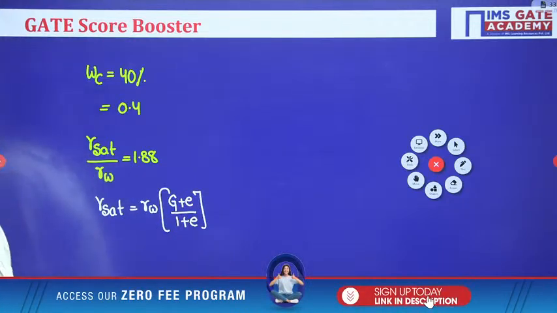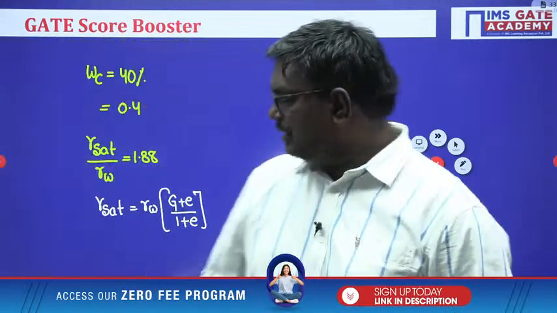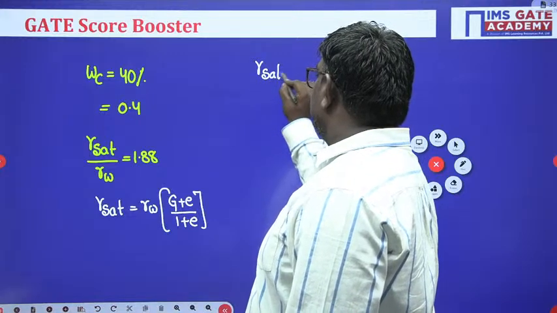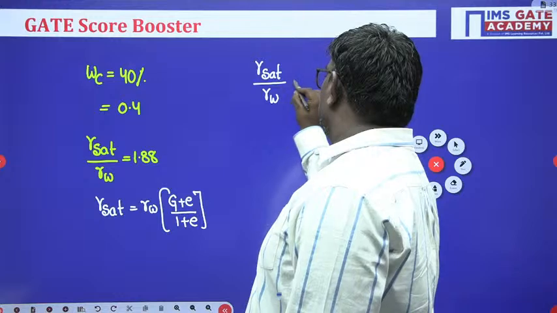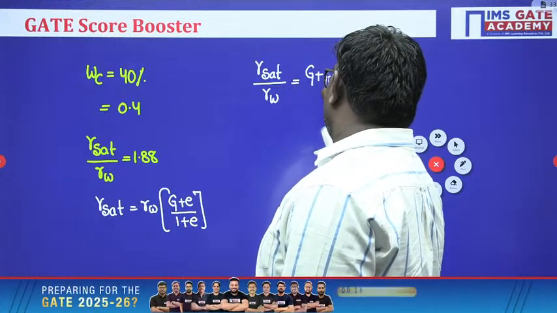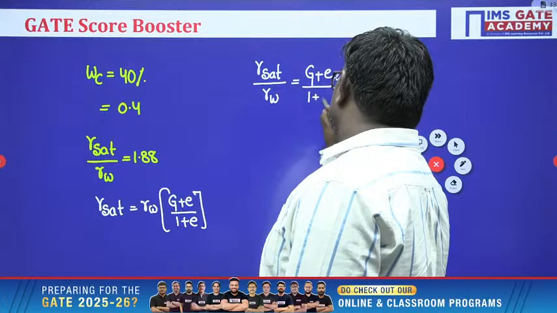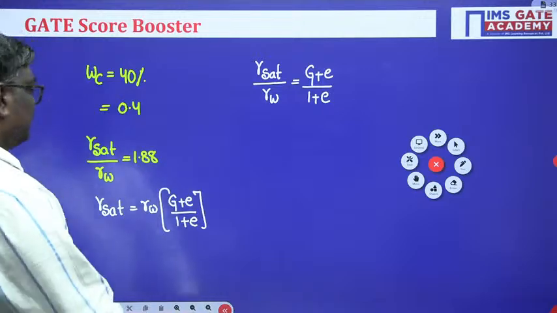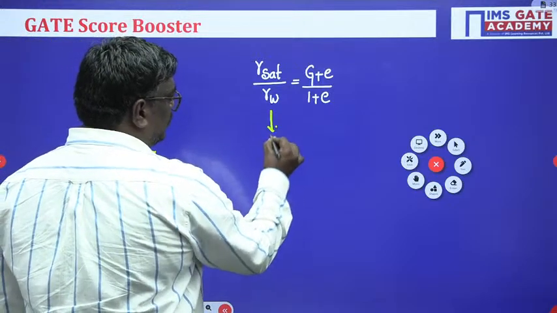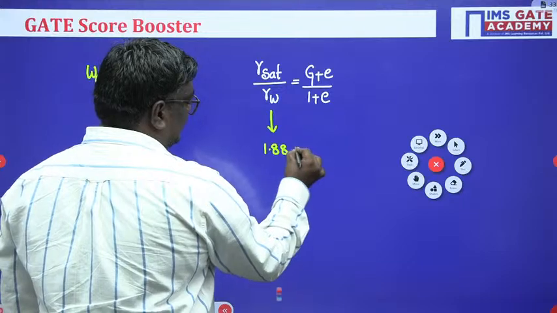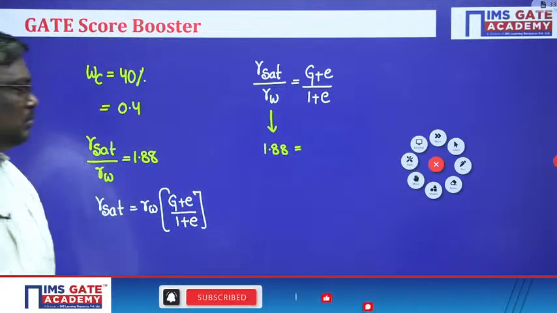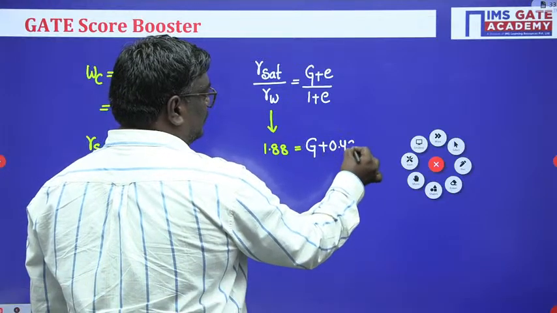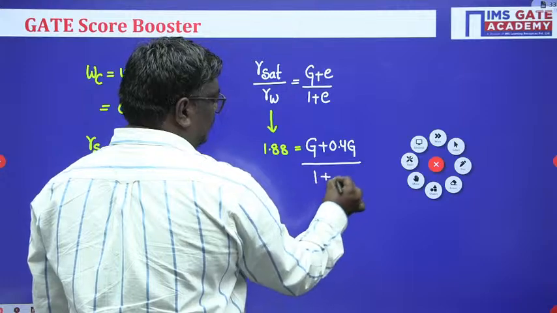So if I plug in these values, gamma sat by gamma W is equal to (G plus e) upon (1 plus e). This value is 1.88, equal to G plus e upon 1 plus e. We don't know G, but e is equal to 0.4G, so 1.88 equals (G plus 0.4G) upon (1 plus 0.4G).